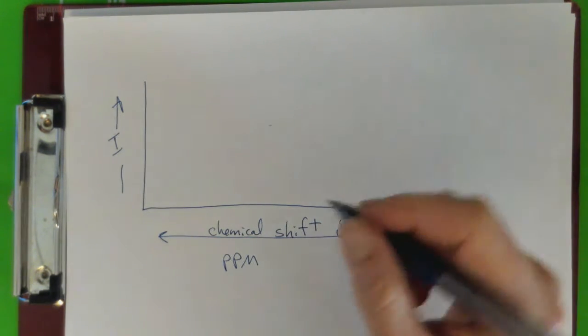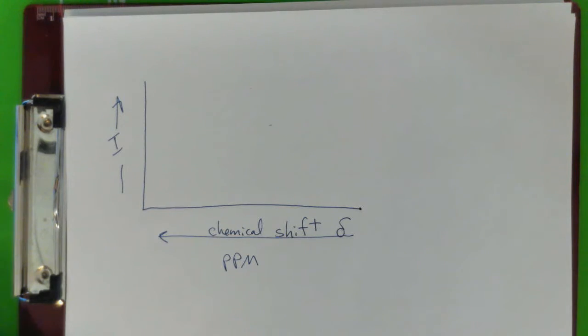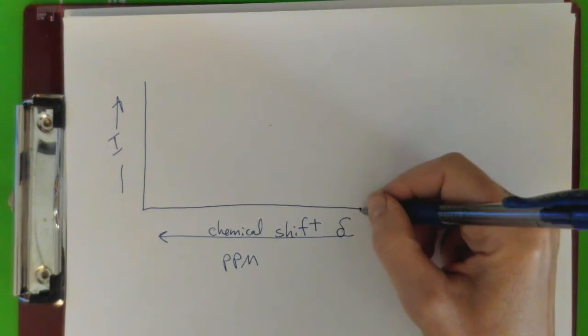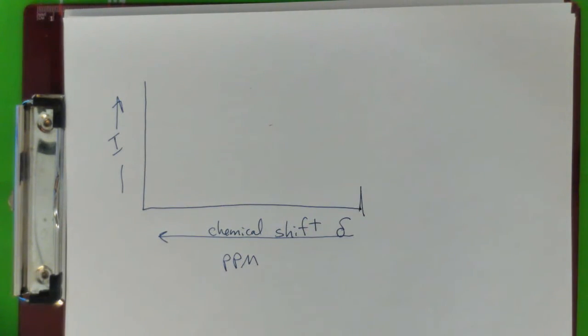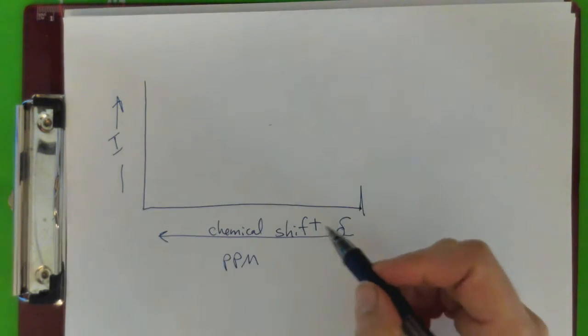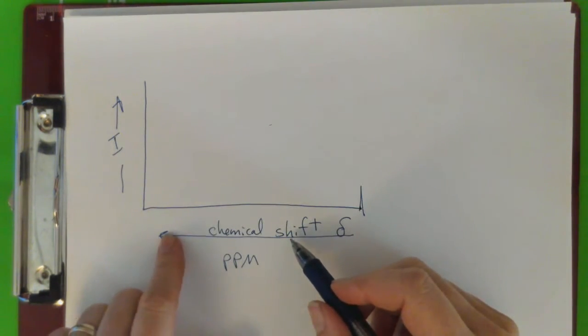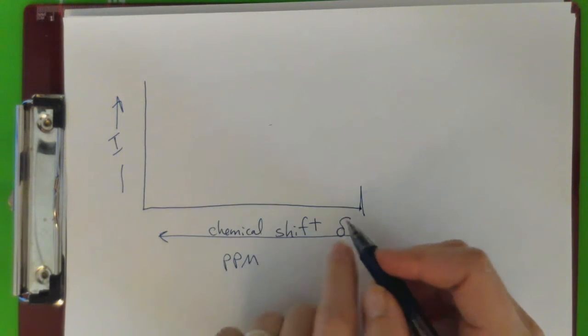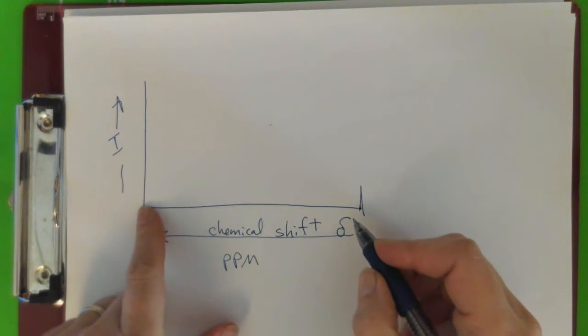And in a proton NMR spectrum, oh, hold on just a second. Okay, sorry. So we're talking about the chemical shift on the x-axis increasing from right to left.